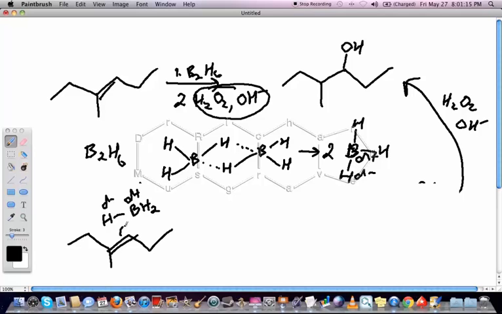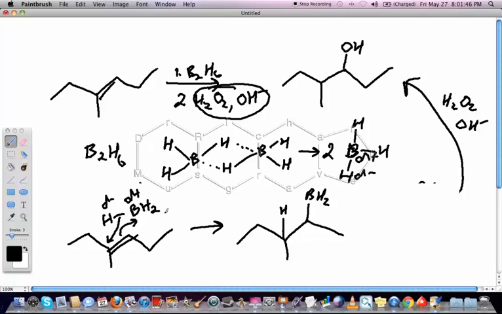So what happens is the electrons actually go this way, with the electrons from the bond being attracted to the B, so that the partial positive charge ends up on this C down here. But it is a concerted process, so that's what we end up with.